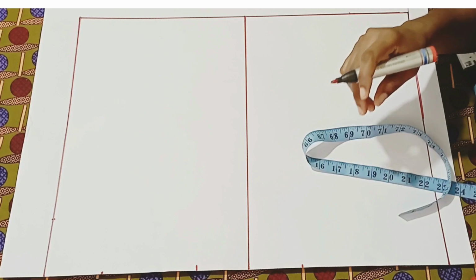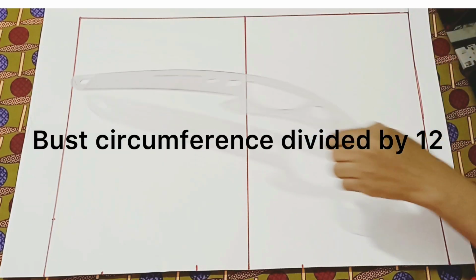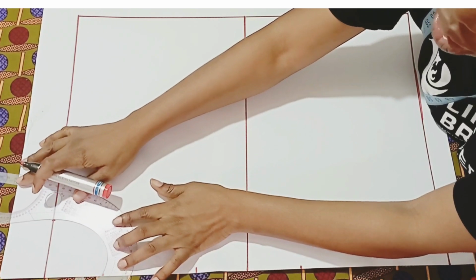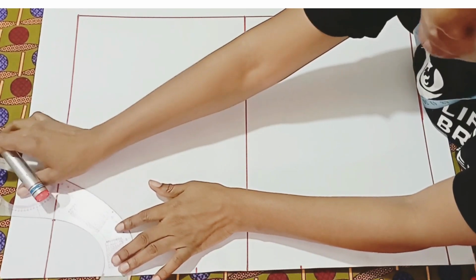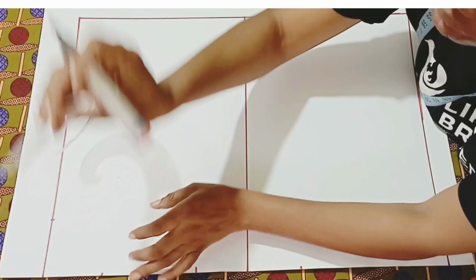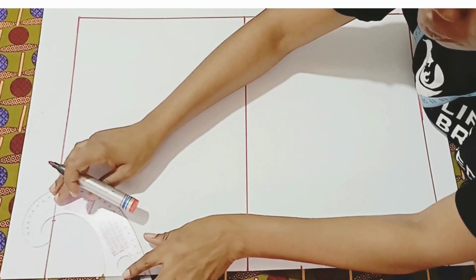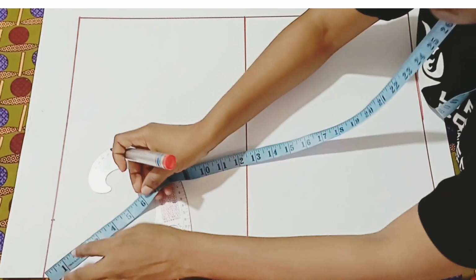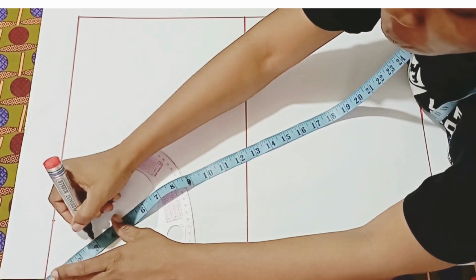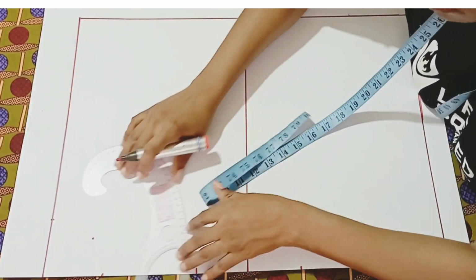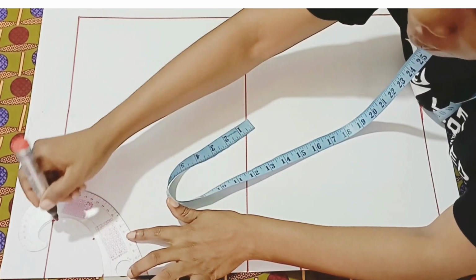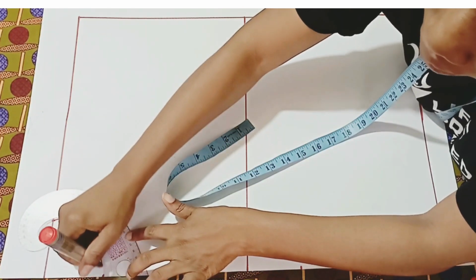You divide your bust circumference by 12. I'm just going to input my curve like this. Or you can come down like so, and from this point diagonally mark your curve like that and connect it like this.